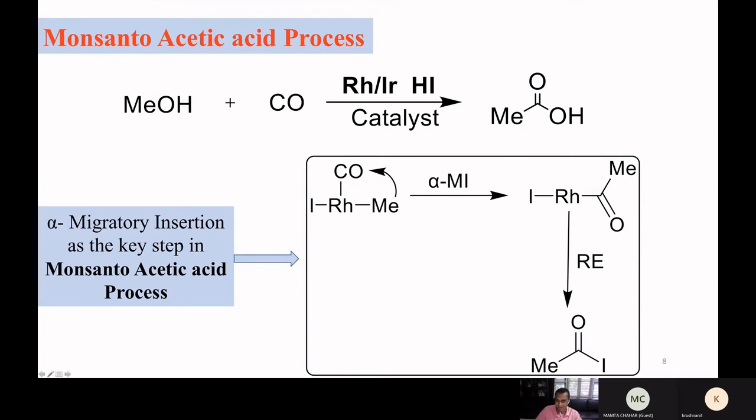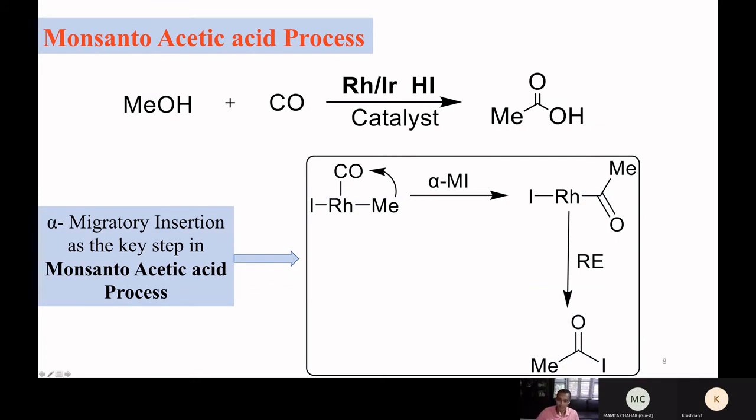Of course, as you may know, rhodium and iridium are very expensive metals, right? The good thing is that these metals are required in very, very tiny amounts for these reactions. So all these cost factors come into the picture while we are looking at the preparation of these commodity materials.